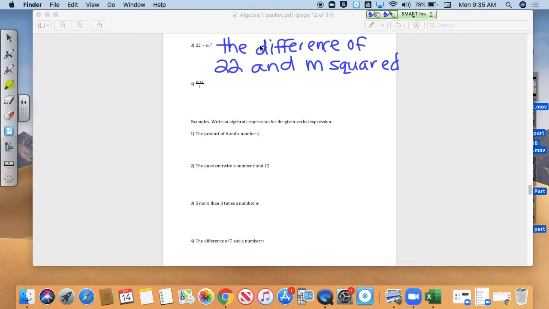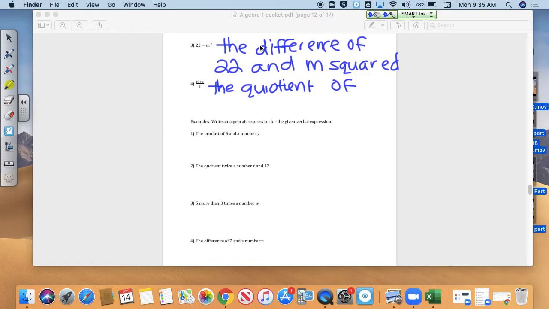All right, and then the fourth one. This one is a little tricky because we have a fraction, and fractions are division problems as well. So we can call this the quotient. Quotient means divide. And then the numerator would be the first thing you write.